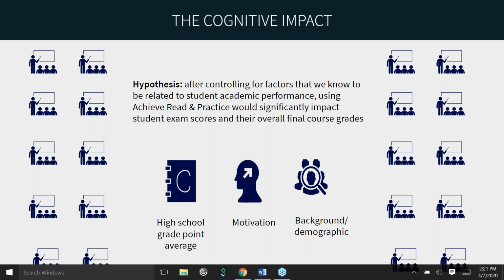And then, of course, we know that there is specific background and demographic information that will influence their future academic performance. Because we gain IRB approval and because we have students' actively informed consent to participate in these studies, we are able to collect a ton of data that other folks generally don't collect.